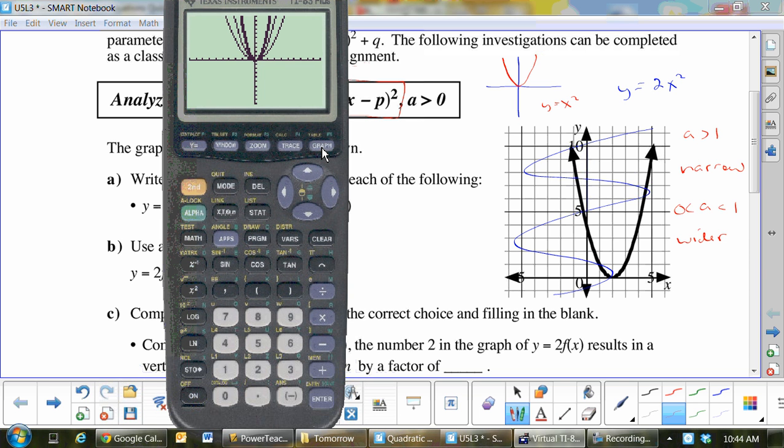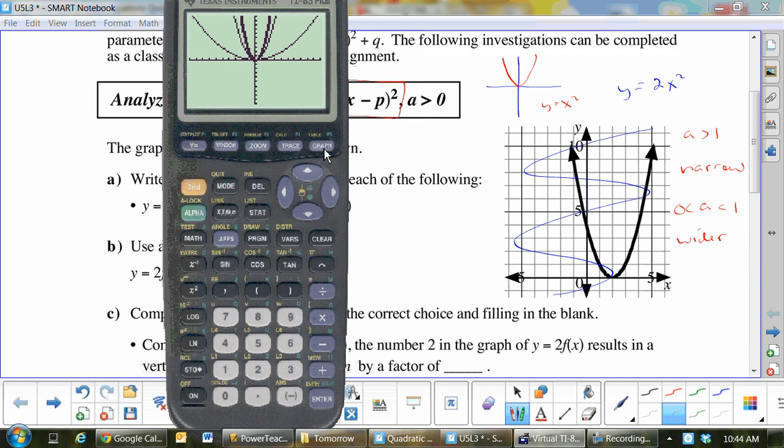And if I want to get that thing so it gets wider and wider and wider, what would you change 1/2 to, to get even wider? 1/3. What? Closer to 0. So 1/9, that's closer to 0, right? And you can see what's going to happen. There's the first one. There's the second one, and there's 1/9. Okay? Because it's getting wider and wider and wider. So now does everybody see what A does?